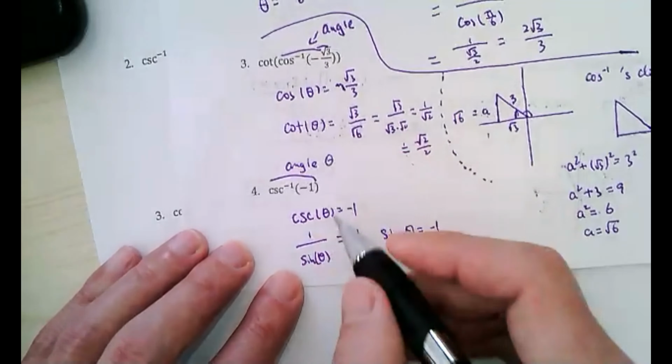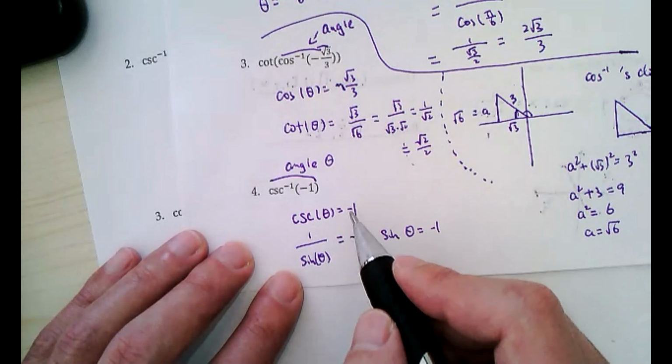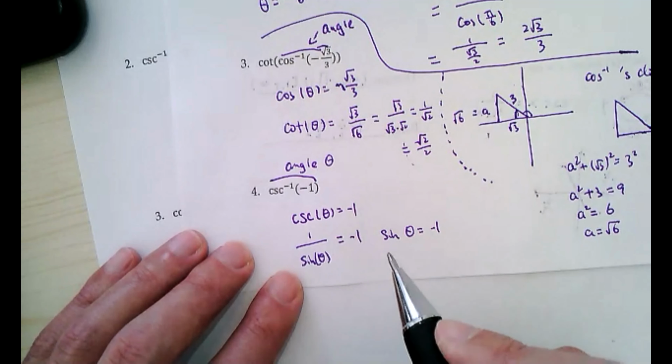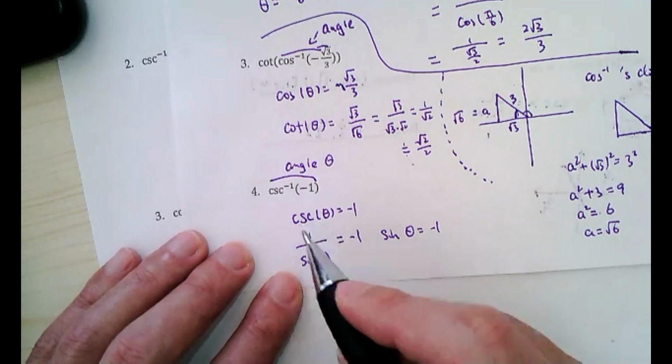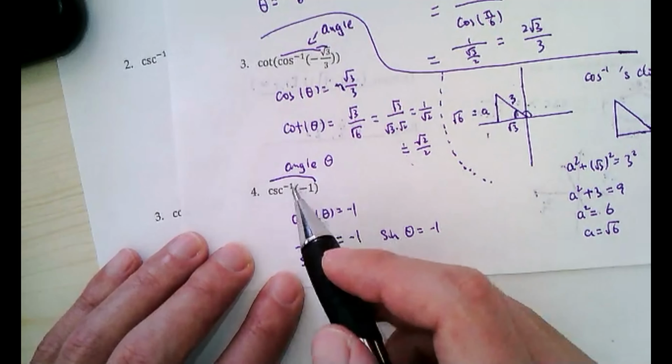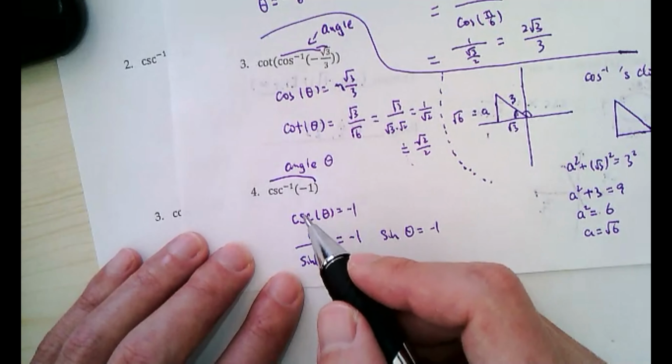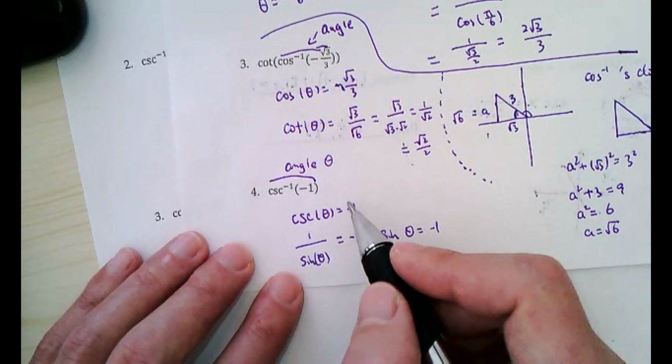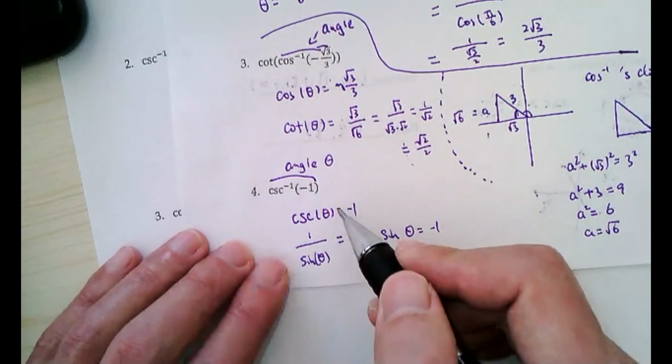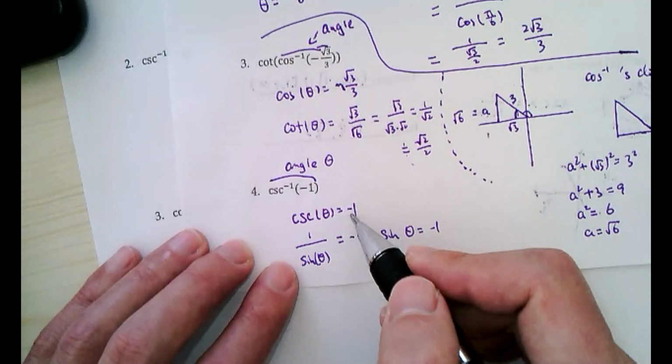We don't know what this angle is. All we know is that cosecant of this angle equals -1. If we write it in the original form, it's cosecant theta equal to -1.